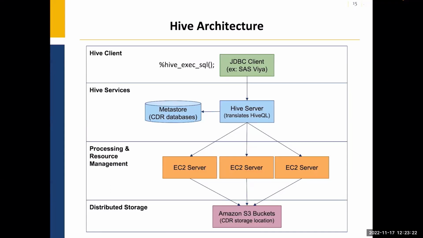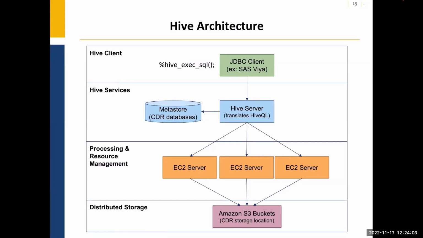And then it comes up with the query plan and a DAG to be executed, which it pushes down to the EC2 servers in the Hive cluster. Within that processing and resource management layer, those EC2 servers and all of those mapper tasks and reduce tasks that I showed earlier in the DAG are pulling data from the distributed storage in Amazon S3 buckets, where the location information from the Metastore has been collected.